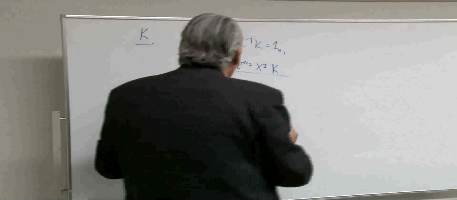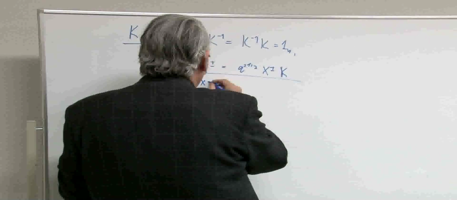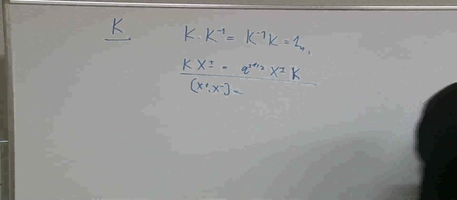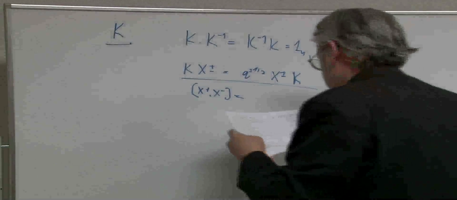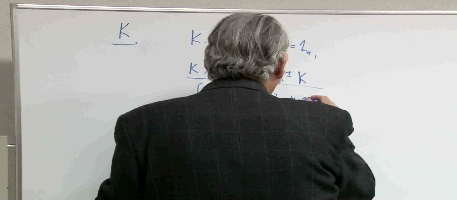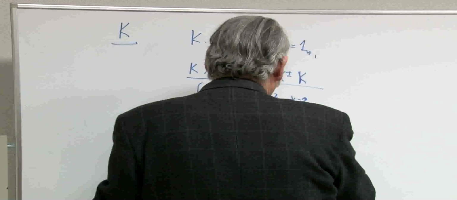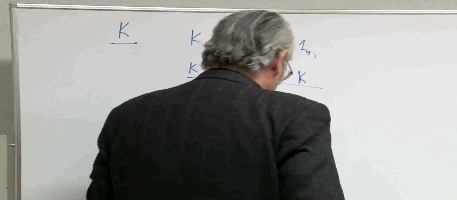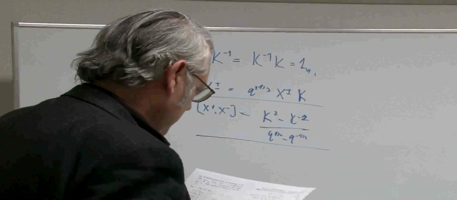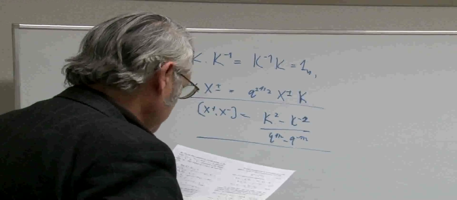And then he also replaced the equality for x plus commuting with x minus by k squared minus k to the minus 2 over q to the 1/2 minus q to the minus 1/2. And then you may ask, what do they have to do with each other? What they have to do with each other is the following.